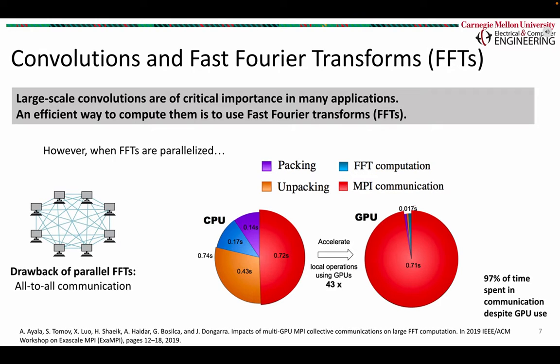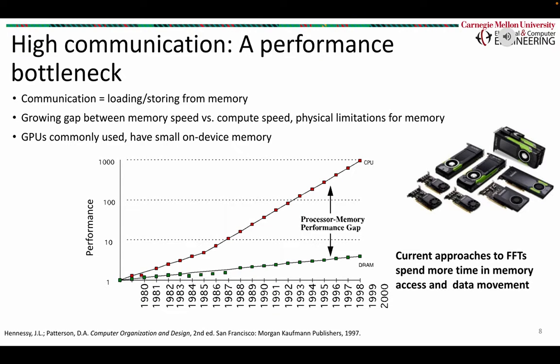Thus, for a simulation that might run for many days, 97% of the allocated research budget, amounting to several $1,000s, can be wasted because of communication latency. High communication is a real performance bottleneck.